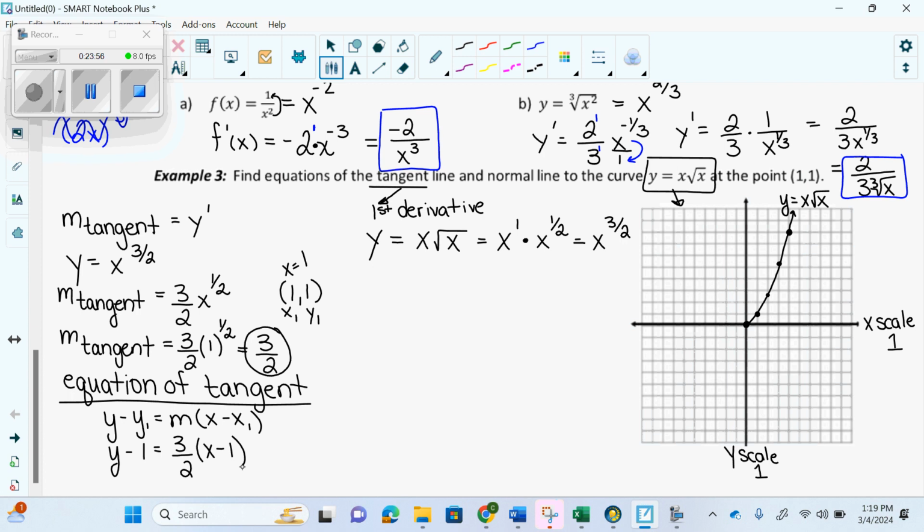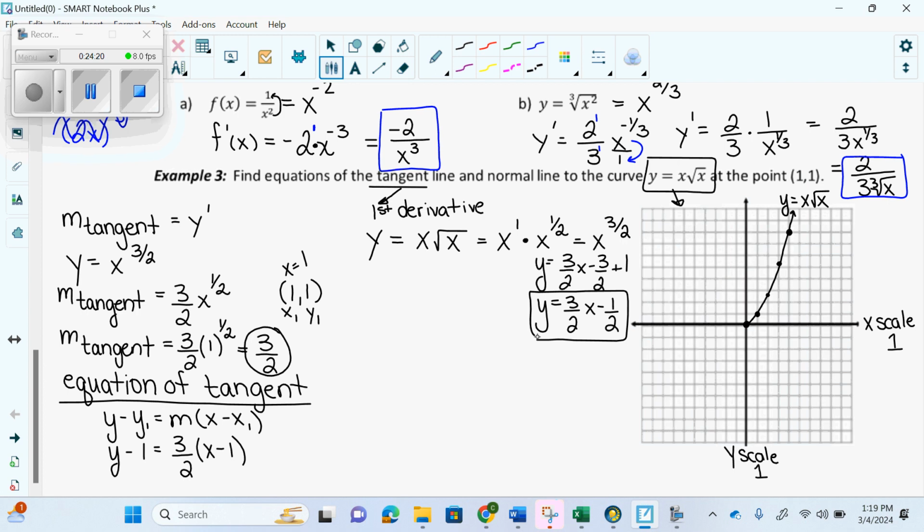So over here, I'm going to change it to y equals 3 over 2x minus 3 over 2 plus 1, which is y equals 3 over 2x minus a half. So this is the equation of the tangent in slope y-intercept form.